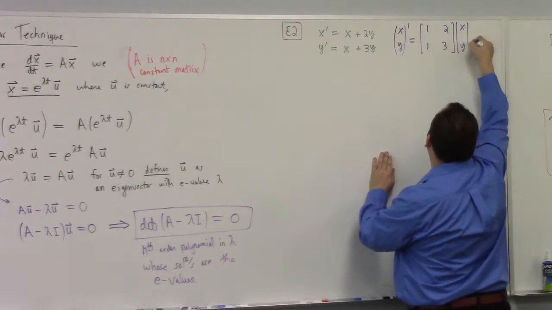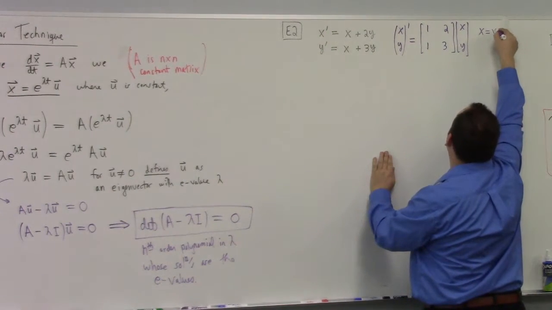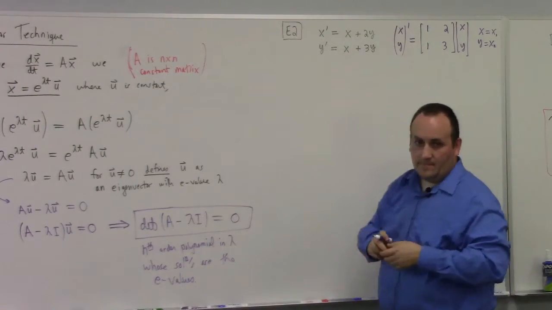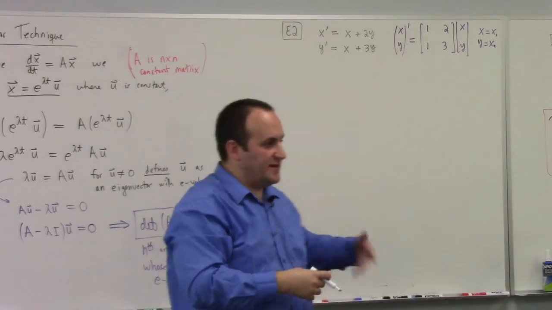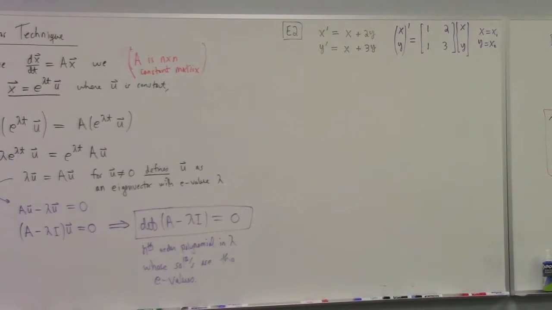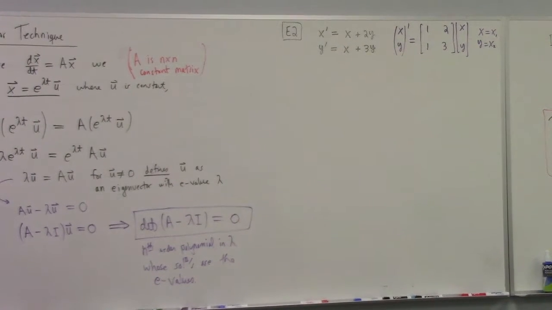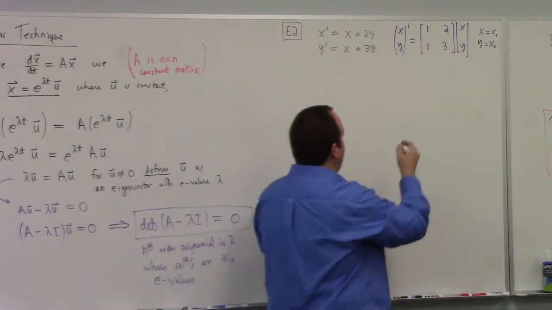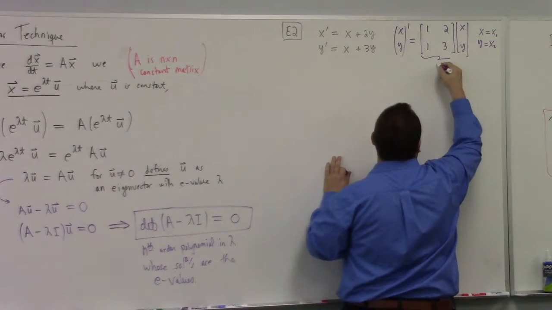In this context, x is my x1 and y is my x2. For the theory, I like to use x1 through xn. For actual examples, I like to use x, y, or z, because I don't take any particular joy in writing x sub 1, x sub 2, x sub 3. If I can get away with it, it's much easier. All right, so this is my A.